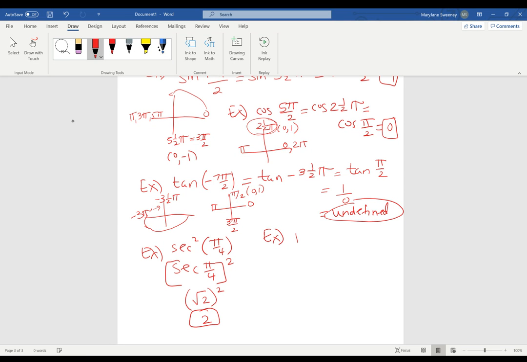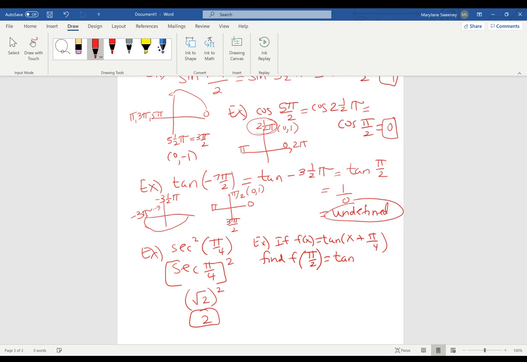Last example, if f of x equals tan of x plus pi over 4, find f of pi over 2.